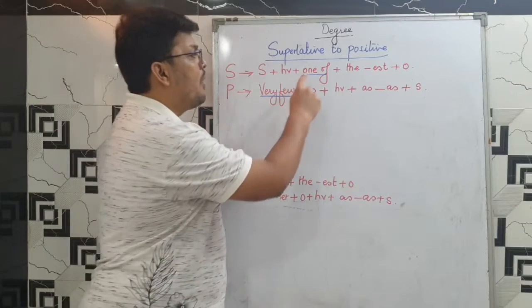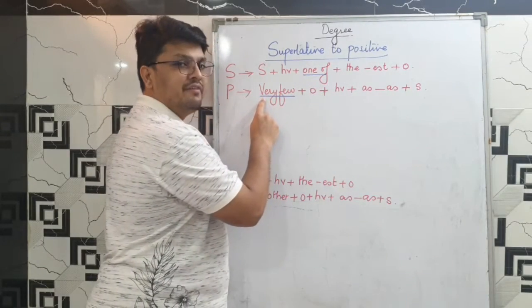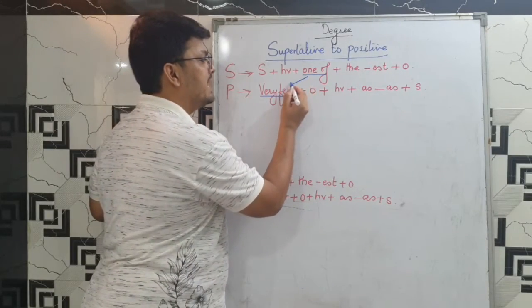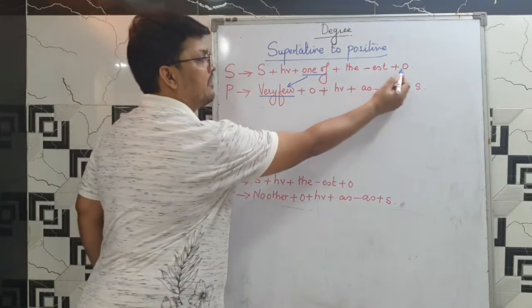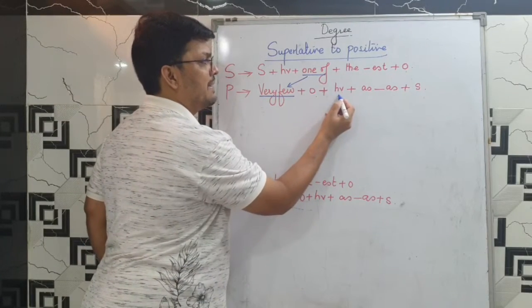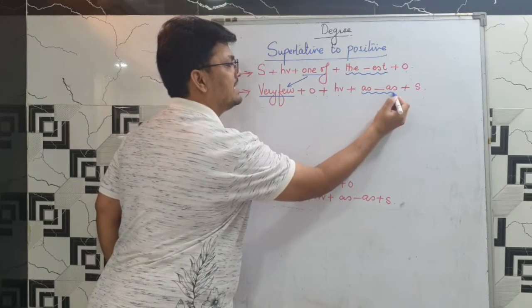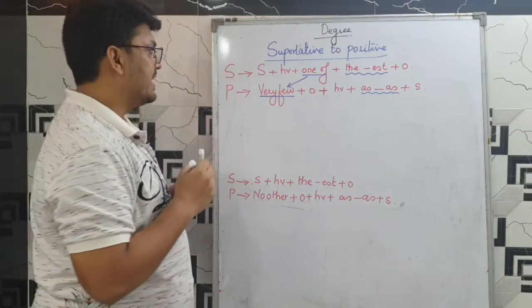If you see one of in superlative degree, begin the positive degree with very few. That follows with the object plus helping verb, then the est will change into as, and then the subject will come over here. Let's take an example.